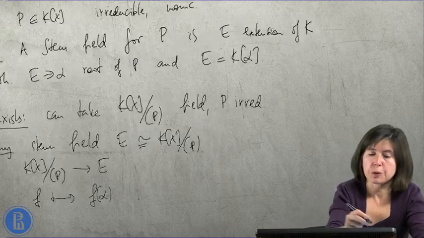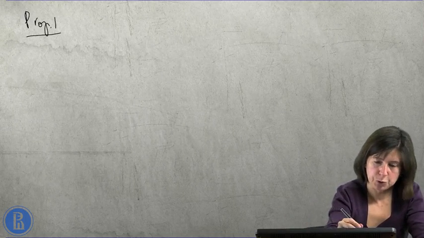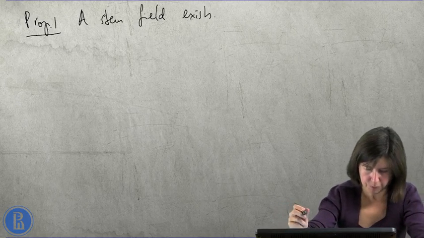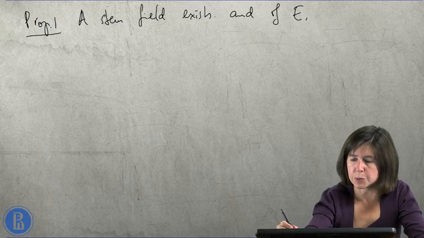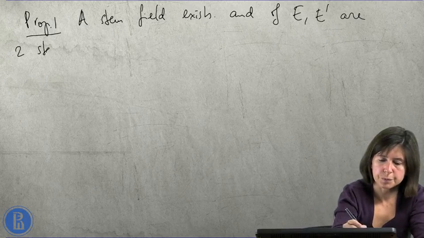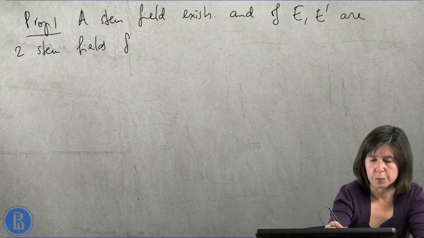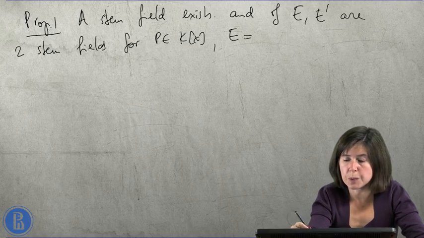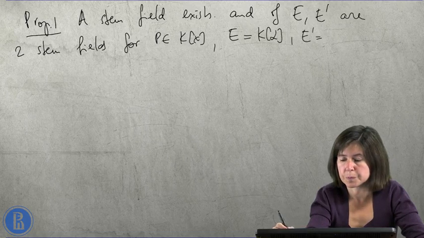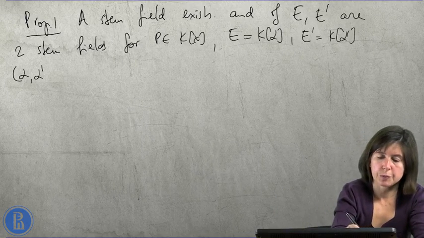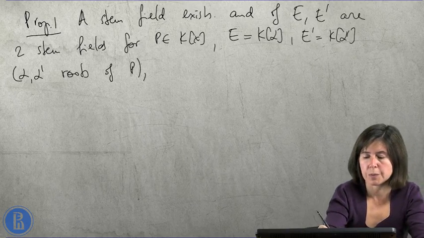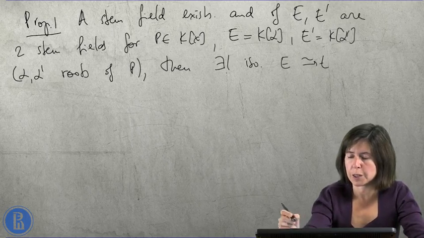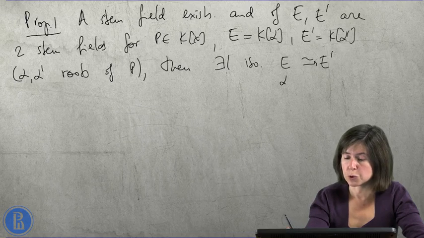To summarize, we have the following proposition. A stem field exists, and if E and E prime are two stem fields for p generated by roots alpha and alpha prime, where alpha and alpha prime are roots of p, then there exists a unique isomorphism from E to E prime, taking alpha to alpha prime.